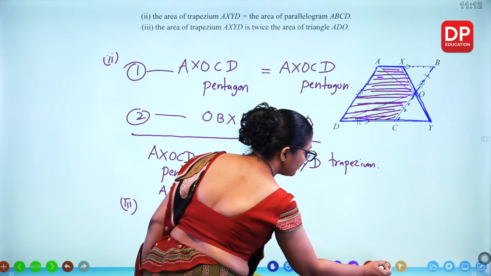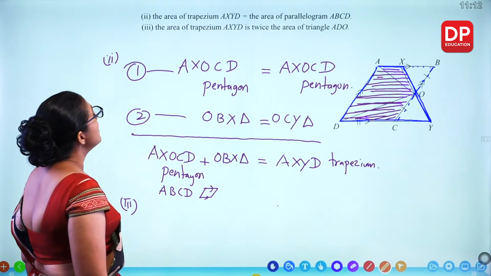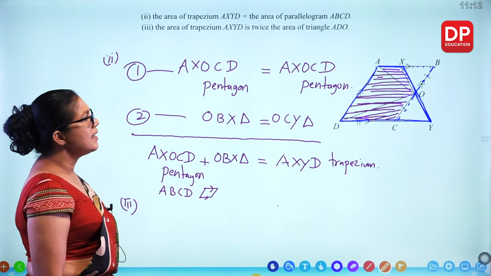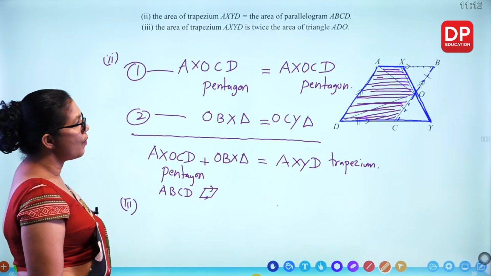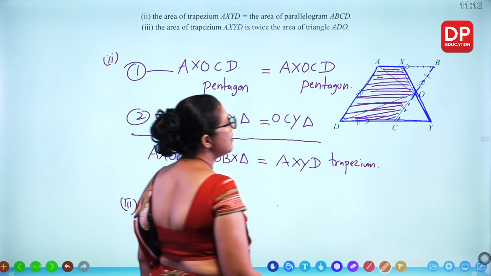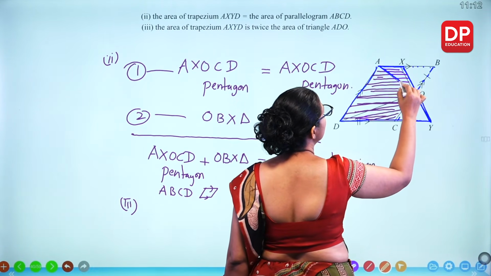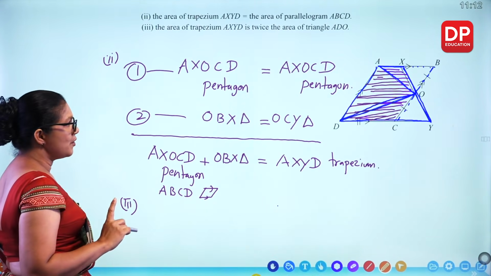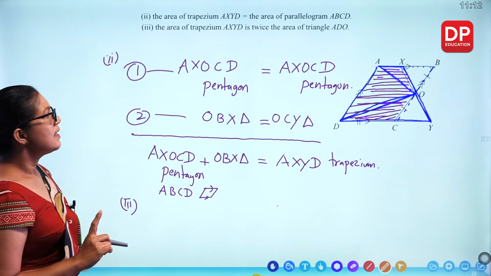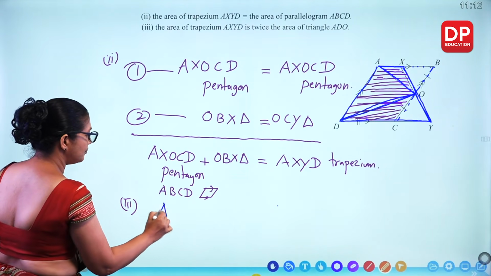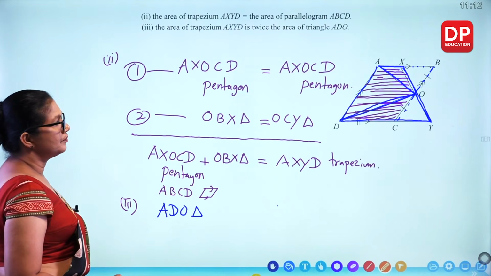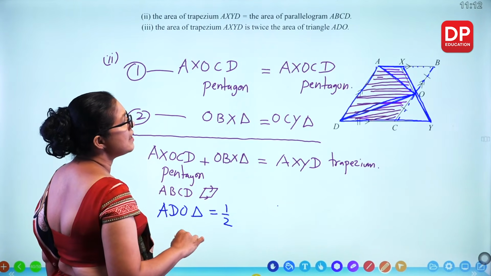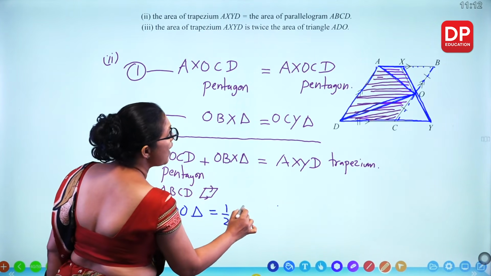Part 3 says the area of trapezium AXYD is twice the area of triangle ADO. ADO, this one. But we know when you take ADO triangle, that's equal to half of the parallelogram area, half of ABCD parallelogram area.